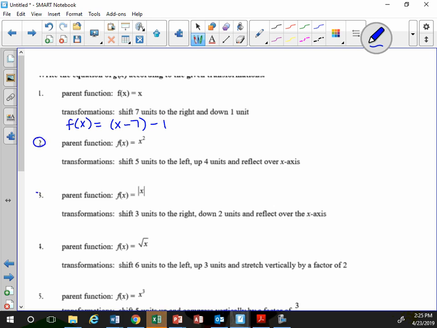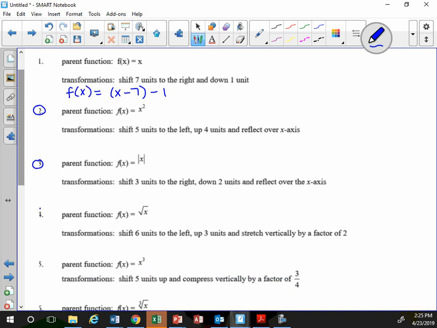Try 2, 3, 4, and we'll do 5. Try through 5, and then we'll go through those.